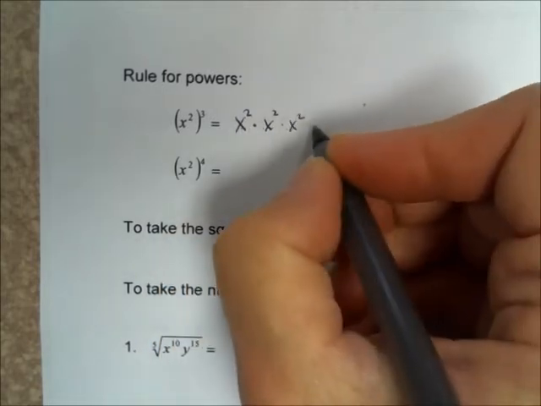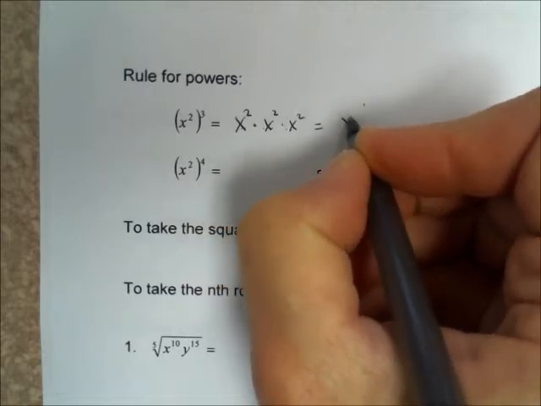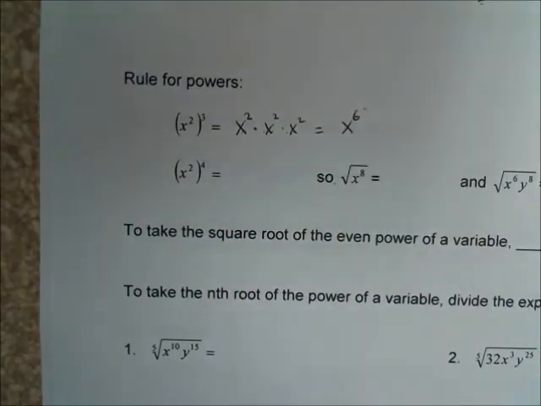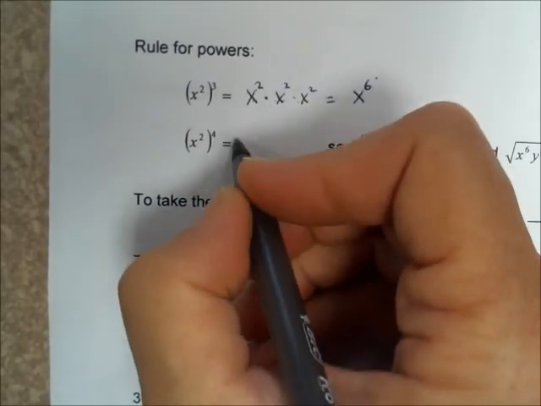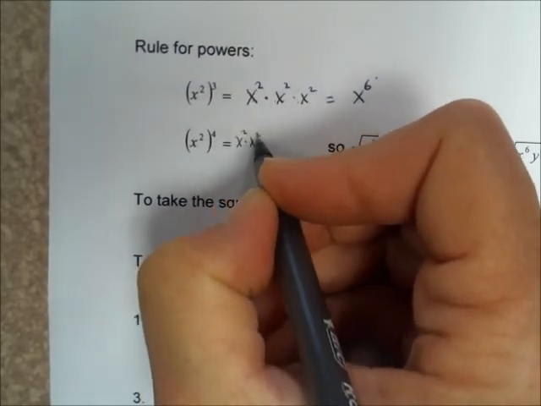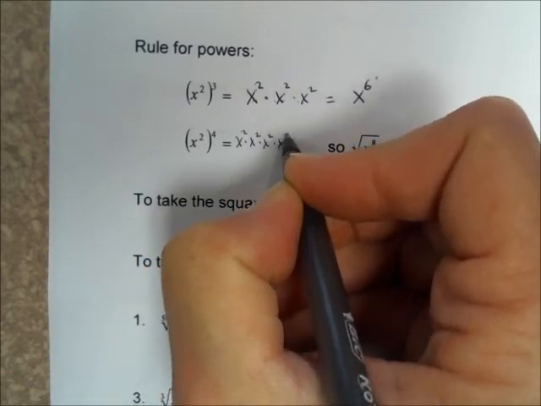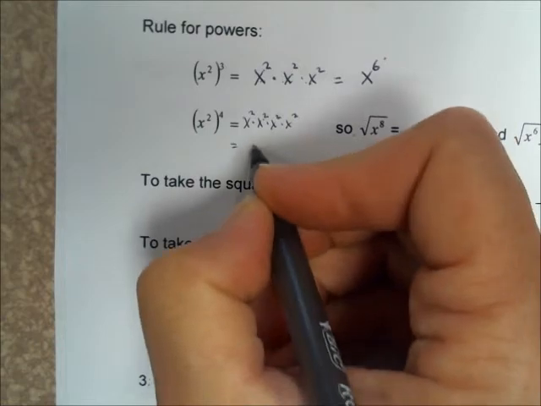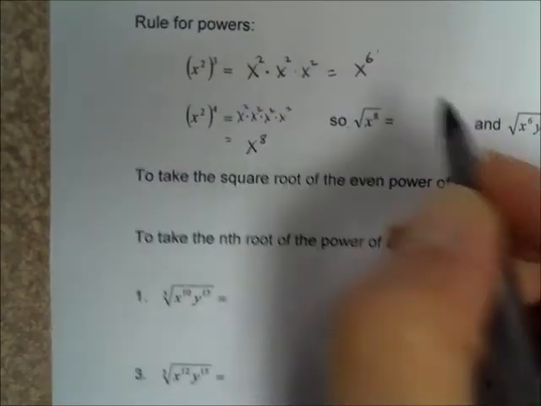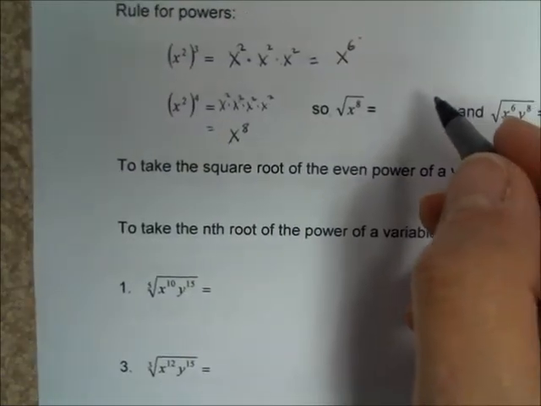And how many x's have you multiplied together? You've multiplied 6 x's together. That's x to the 6. Again, if you have x squared to the 4th, it's x squared times x squared times x squared times x squared. How many x's do you have altogether? 2, 4, 6, 8. This is x to the 8th, right? That's called the power rule.